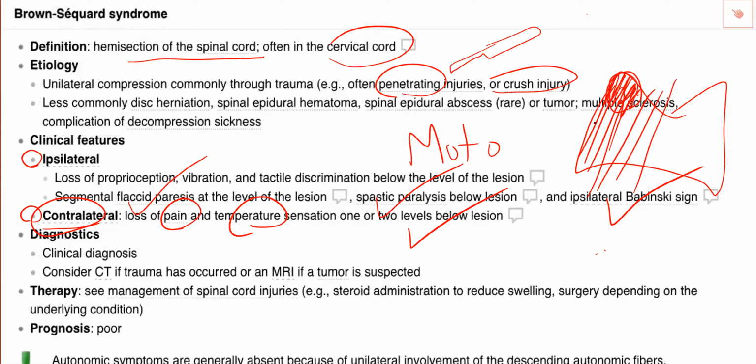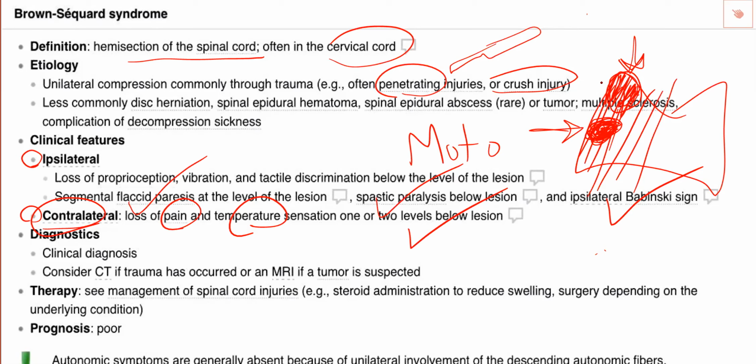So, contralateral pain and temperature due to affection of the lateral spinothalamic tract, because this decussates, while the dorsal column has no decussation. So you will find ipsilateral loss of proprioception, vibration, and tactile discrimination below the level of the lesion.